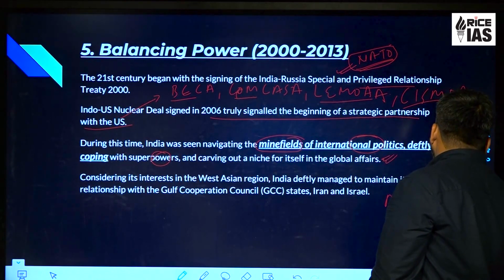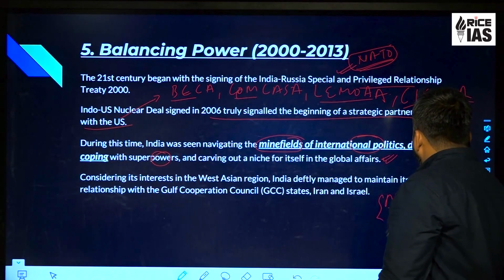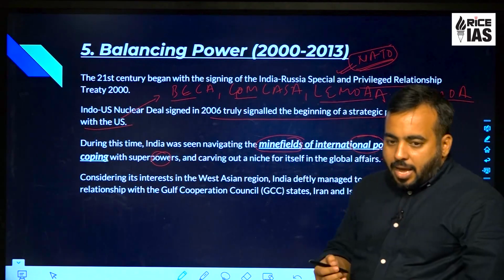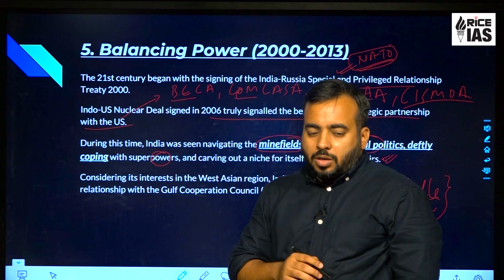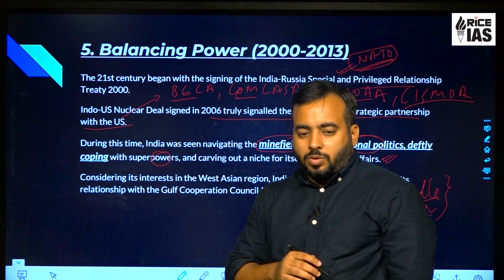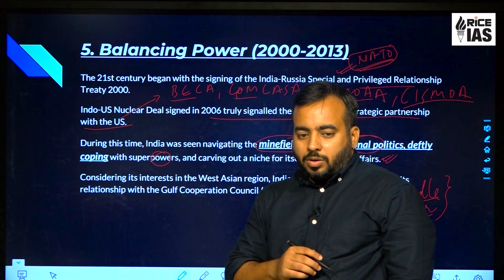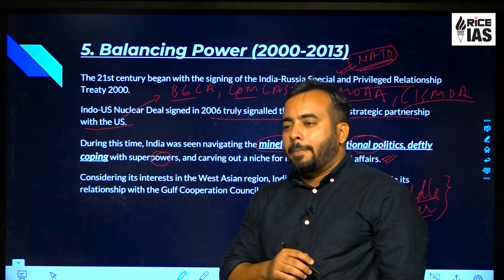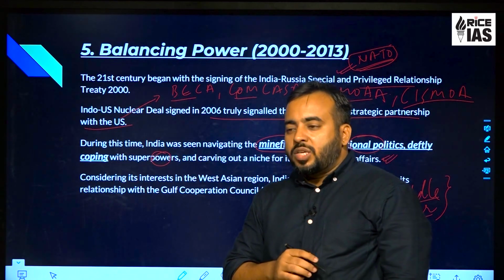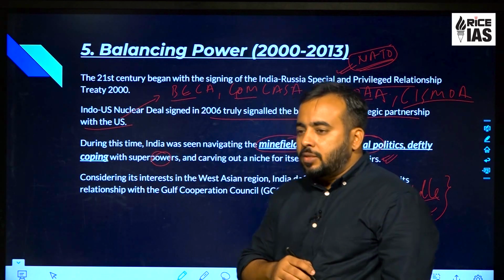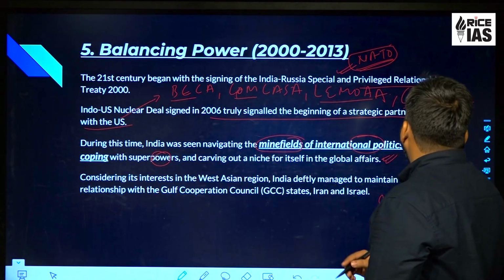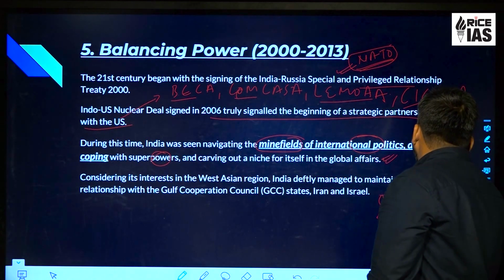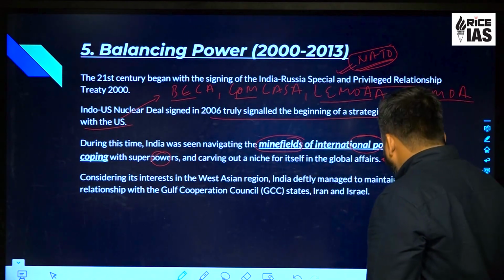India is a middle power. What is the meaning of middle power? That India alone cannot wage a very big war or a very big conflict, or India alone cannot cause a tectonic shift in the global affairs, but with one or more superpowers or other middle powers, India can make a significant change.